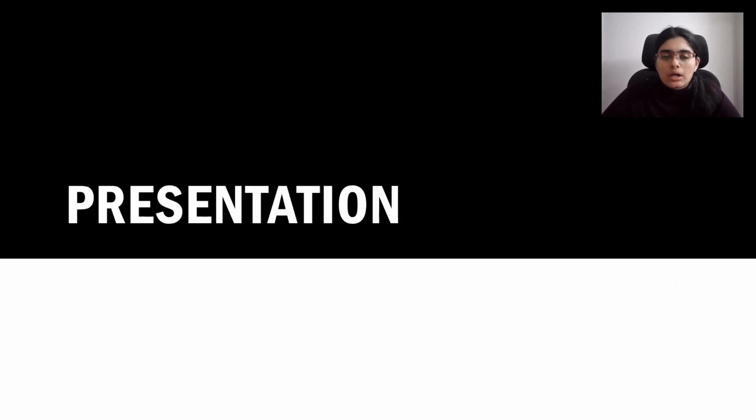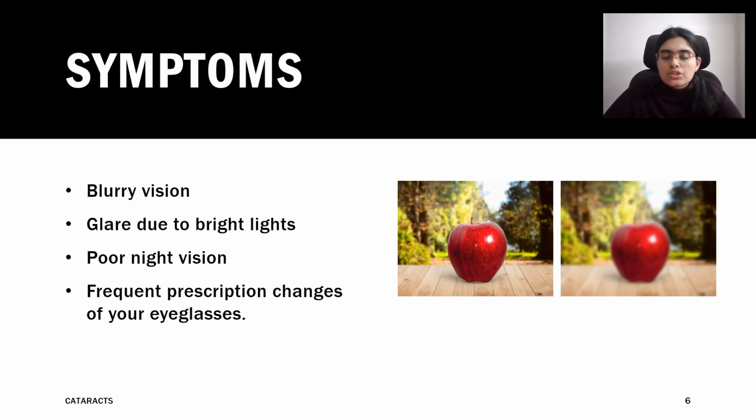So how do cataracts present? What are the signs and what are the symptoms, right? So the most common symptom that patients often come to the OPD with is blurry vision. And like you can see in the image here, it's a very clear distinction, demarcation where you are not able to see most objects clearly.